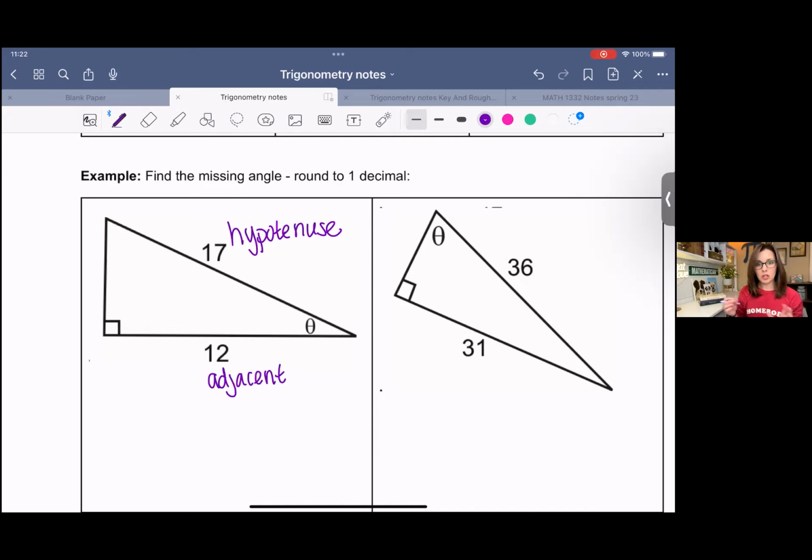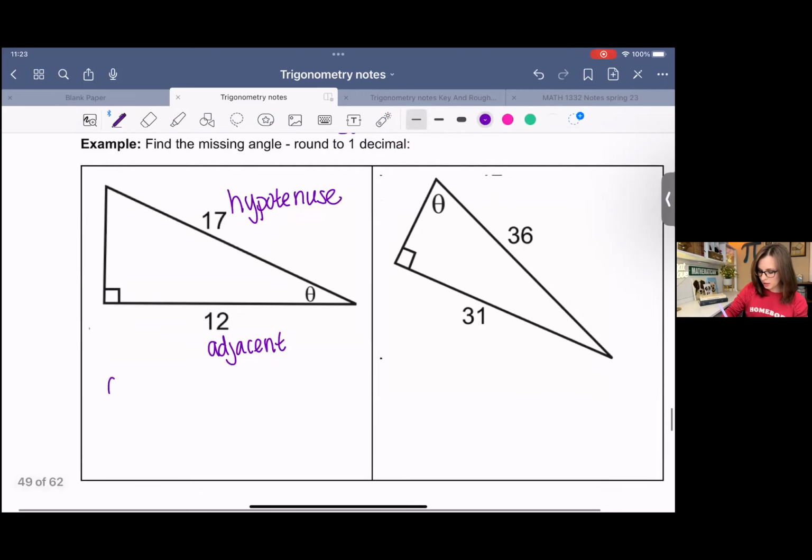And using SOHCAHTOA, I can figure out which trig function I need to use, given that I have adjacent and hypotenuse. So if I write out SOHCAHTOA, then that indicates it's going to be cosine. So I'm going to say the cosine of theta is adjacent over hypotenuse.